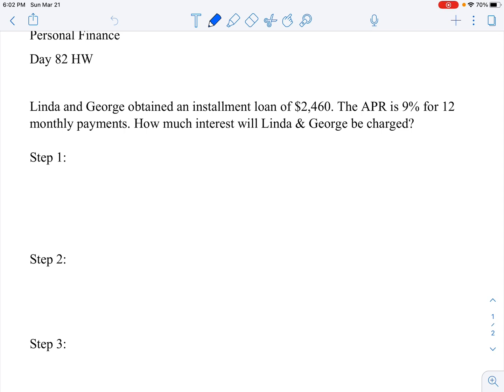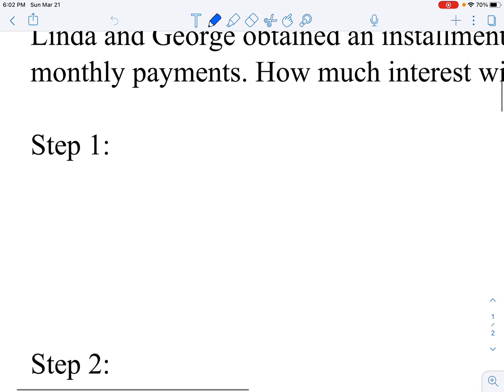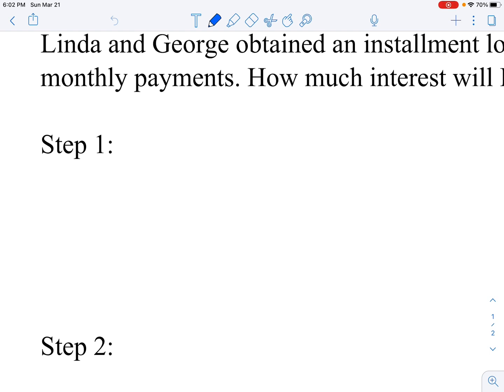And our first step involves a formula that can be a little bit complicated. So we want to make sure that we start with a fraction, and on top of that fraction, we have the amount of the loan. On the bottom of the fraction, we have a number that stays the same no matter what, and that number happens to be 100 because it's representing $100.